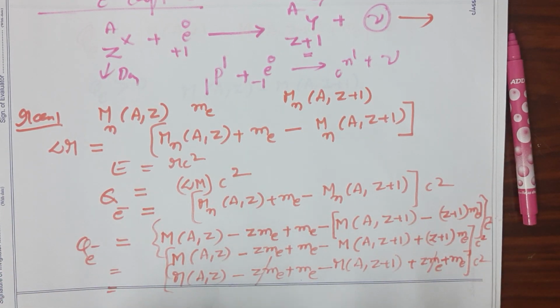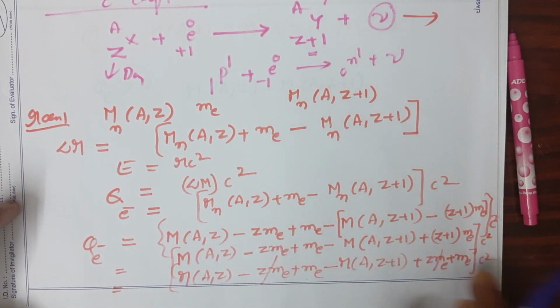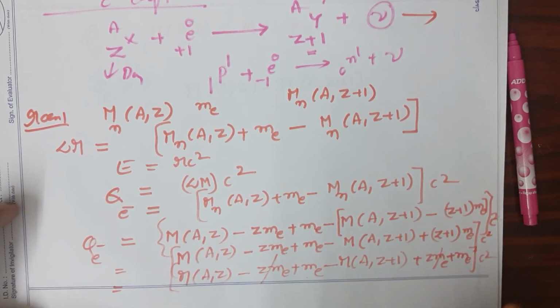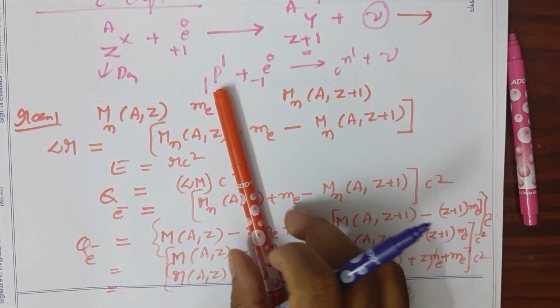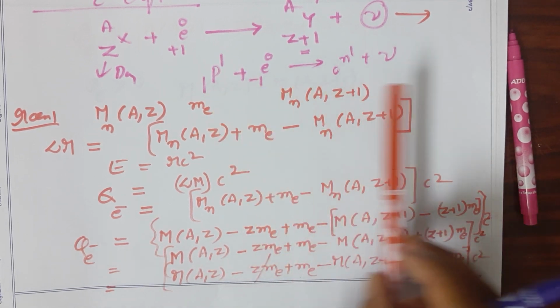In this way we can calculate the disintegration energy in the electron capture, beta minus decay and beta plus decay processes.